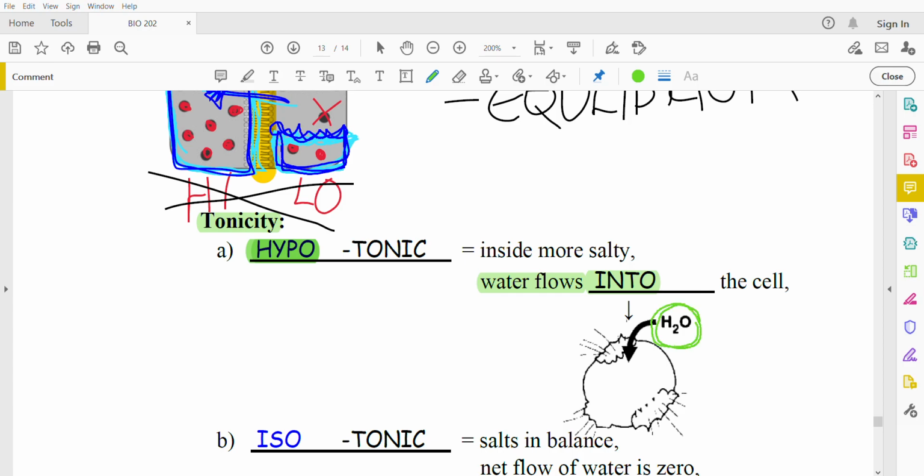Water is traveling into the cell, and as a result of that, the cell swells. It becomes bigger and bigger and bigger. And in an extreme case, what can happen is that the cell can actually end up bursting because so much water is flowing in there.